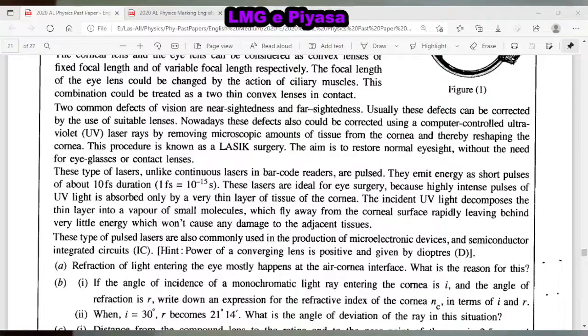So this is a substantially high value, therefore refraction occurs mostly at the air cornea interface.